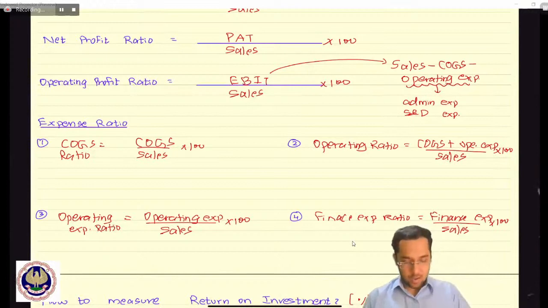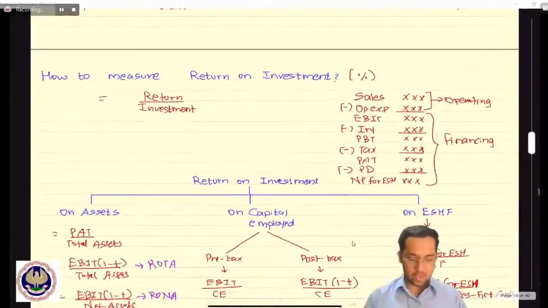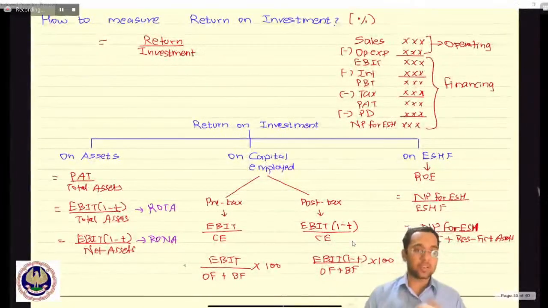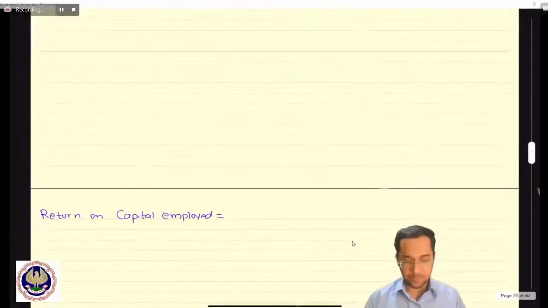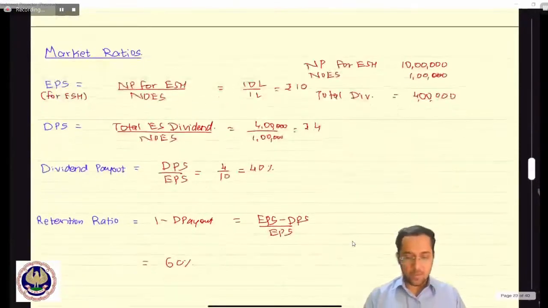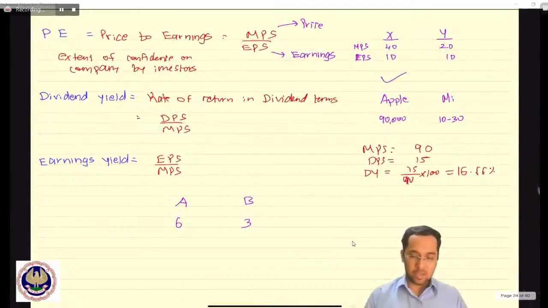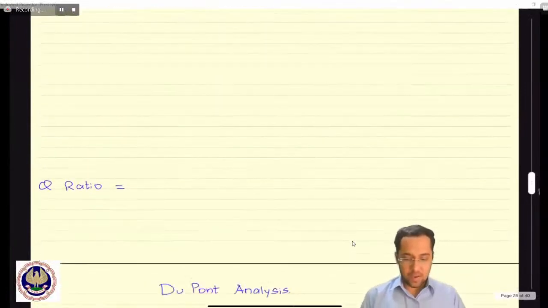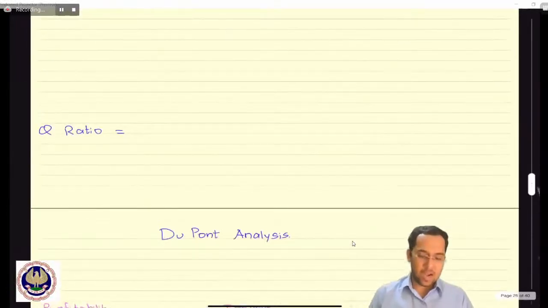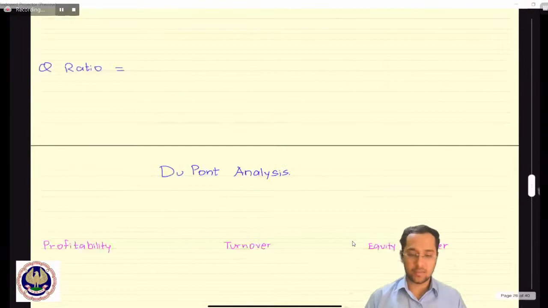Okay. We have discussed the return ratios in the previous class, to understand what capital gearing was. We have discussed the market ratios also. We have discussed the PE, dividend yield, earnings yield also in the previous class. We have two simple ratios and the DuPont analysis.